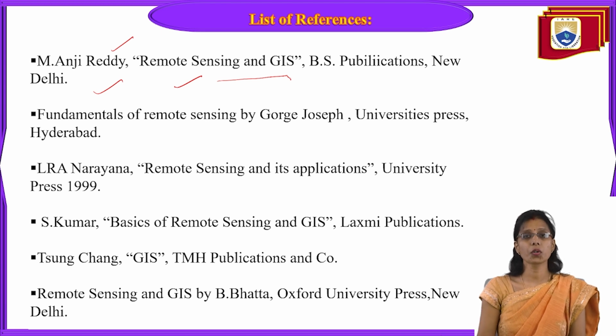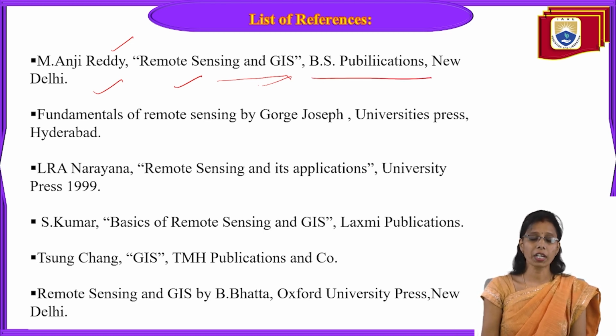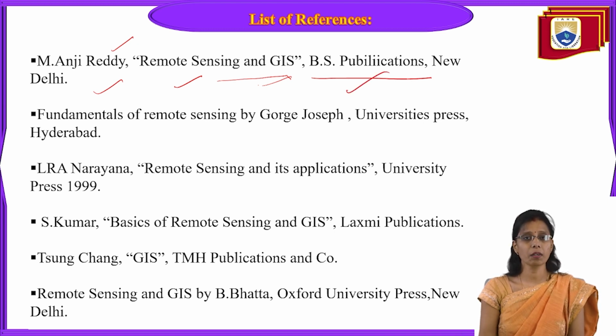It gives the total content about the remote sensing process, the working of remote sensing, and how remote sensing data is applicable to the GIS process. All this information is given in this book, so you can kindly go through it for more content. The publication is from BS Publications, Delhi. This book will be very helpful for finding out more about the electromagnetic spectrum and its applications.